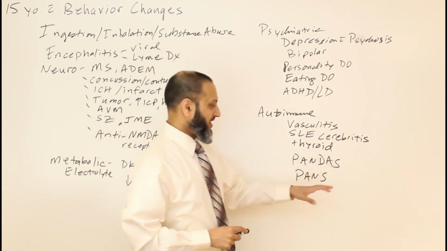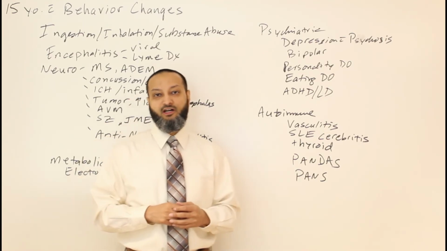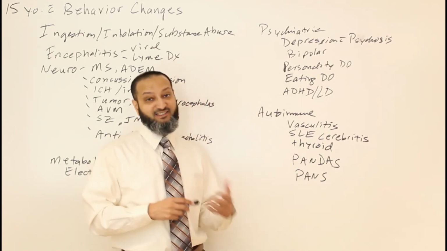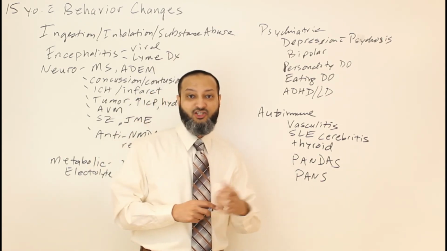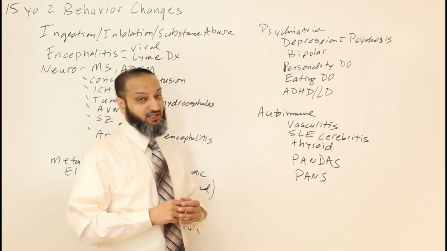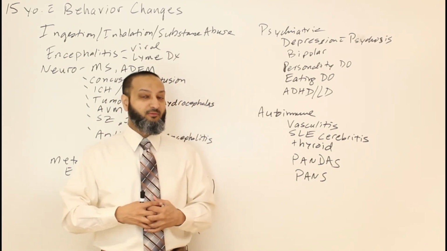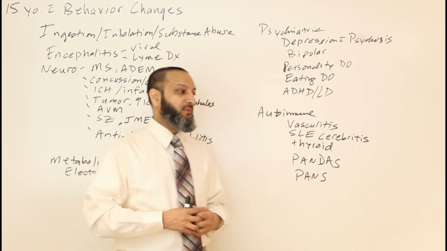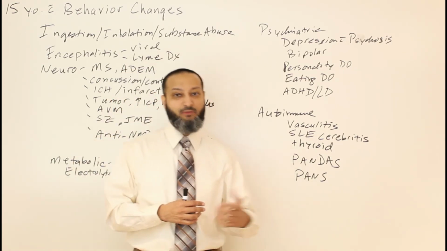Both of these are related to an autoimmune response, and the thought is that a strep infection can sometimes bring on an autoimmune response and cause neuropsychiatric manifestations, where you have worsening of ADHD symptoms, worsening of obsessive compulsive disorder symptoms, worsening of tics, worsening of Tourette's, associated with an acute or recent strep infection.